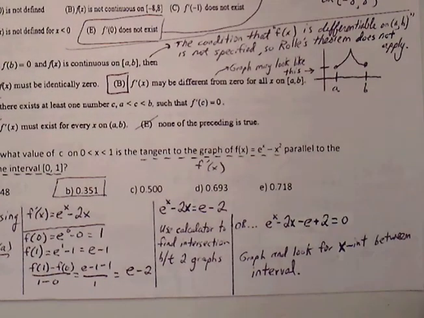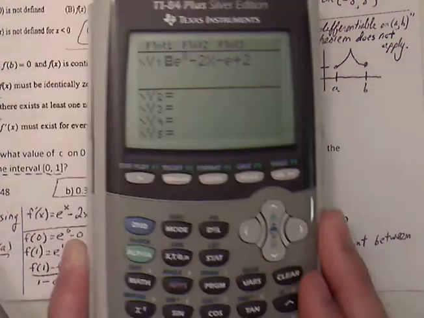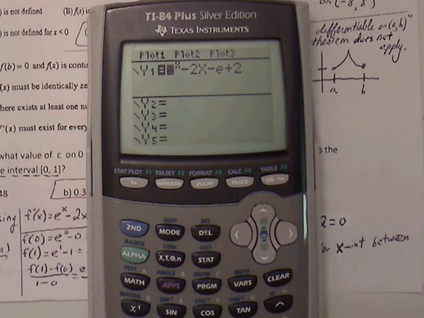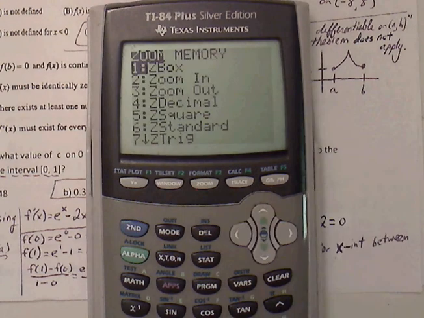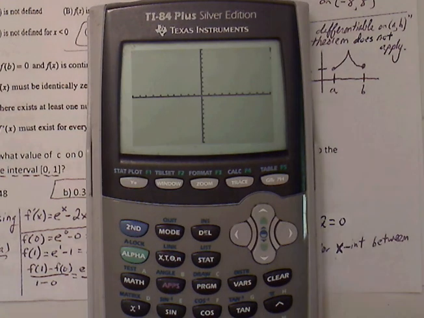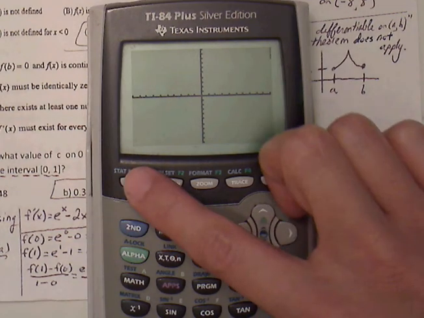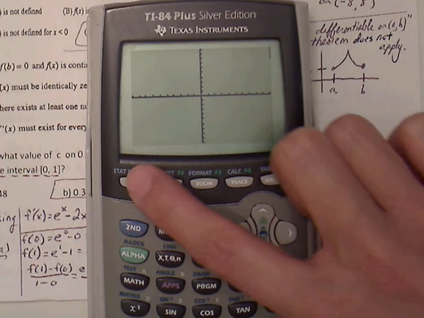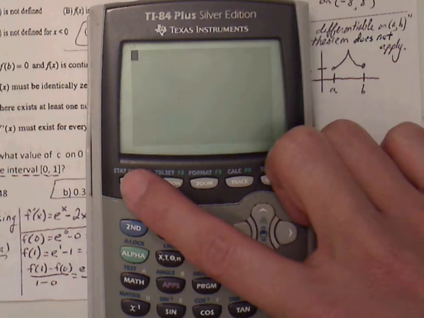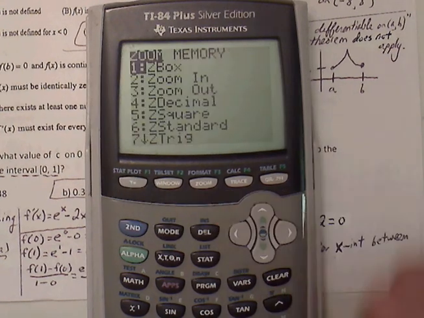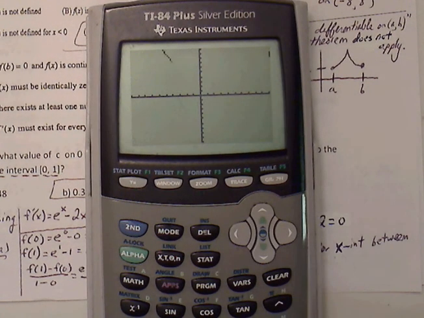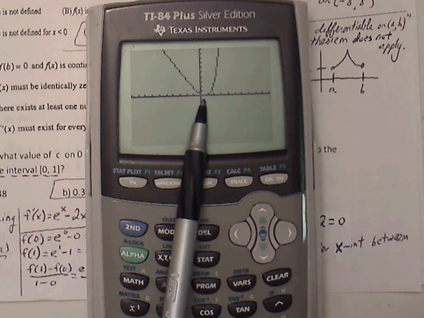Okay, so if we look at the graph, plot that, put that in, and try zoom standard. If you try zoom 6, you see that it looks like it crosses the x-axis between 0 and 1, but you may have to zoom in.